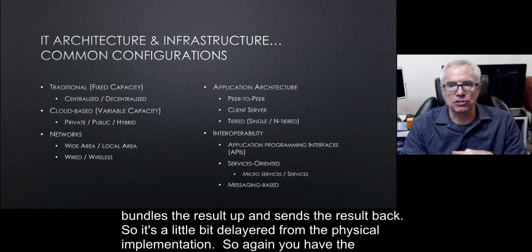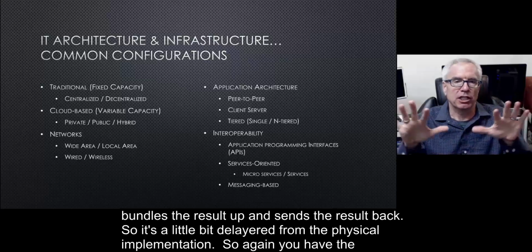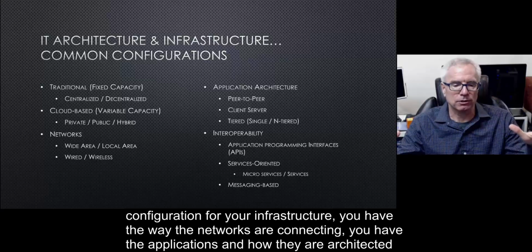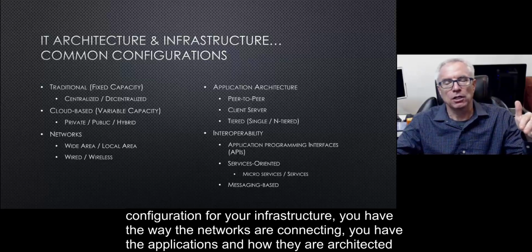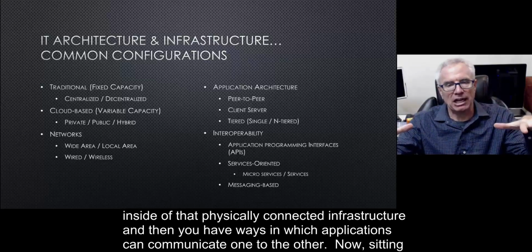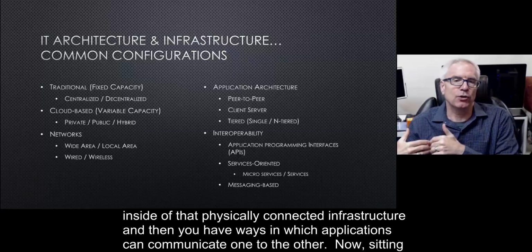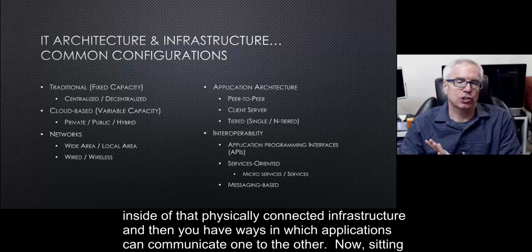And so it's a little bit delayered from the physical implementation. So again, you have the configuration for your infrastructure. You have the way the networks are connecting. You have the applications and how they are architected inside of that physically connected infrastructure. And then you have ways in which applications can communicate one to the other.